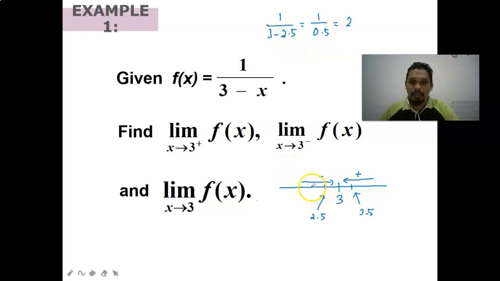And let's say I choose 1.5, so 3 minus 1.5, then it is 1 divided by 1.5, which equals 2 over 3.